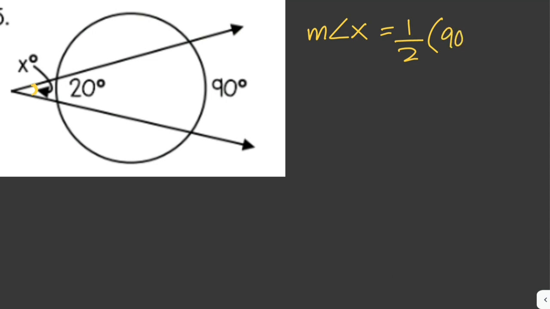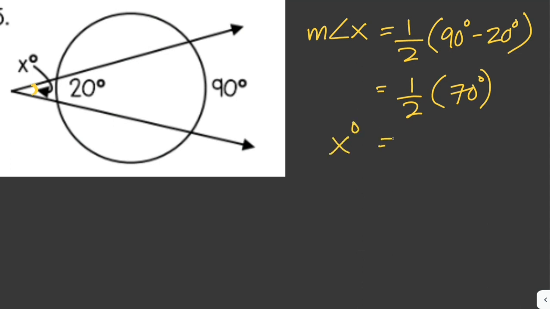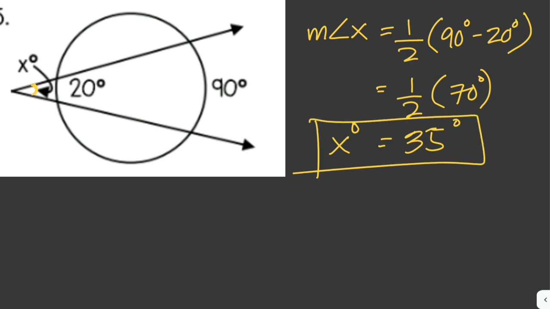That would be 90 degrees minus 20 degrees, so 1/2 of 70 degrees. Therefore, the measure of angle x is 70 divided by 2, which gives us 35 degrees.